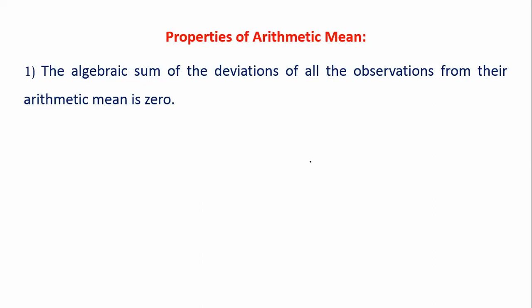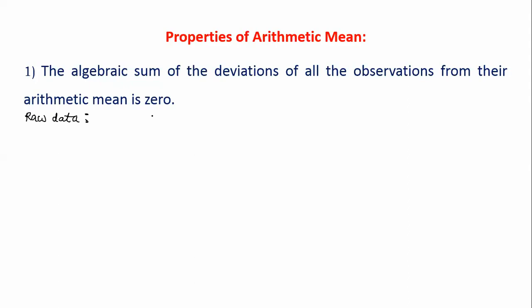Properties of arithmetic mean. The algebraic sum of the deviations of all the observations from their arithmetic mean is 0. What is meant by this? We may have raw data or grouped data. In case of raw data, we'll be having x1, x2, ..., xn. These are the n observations.